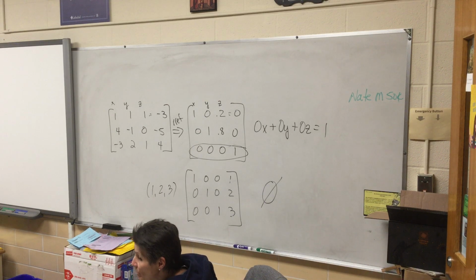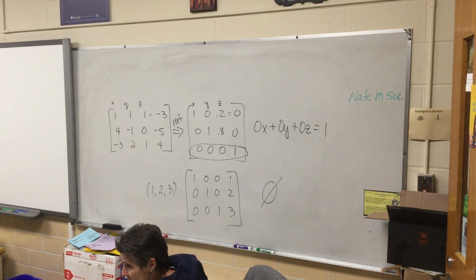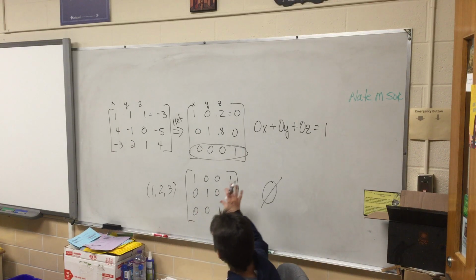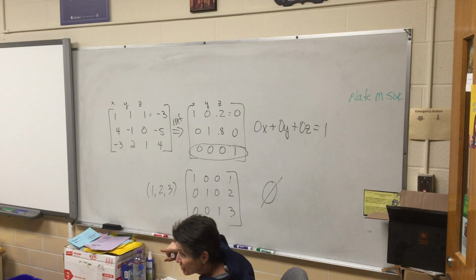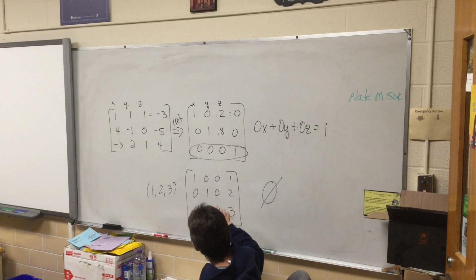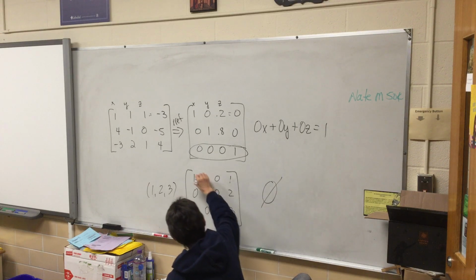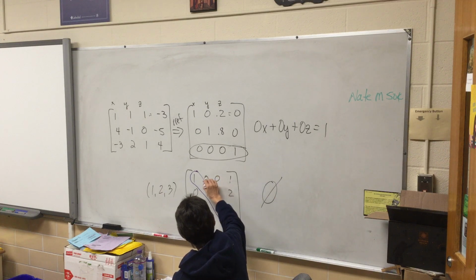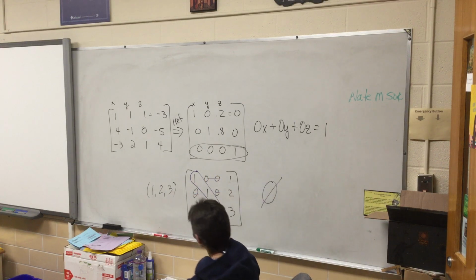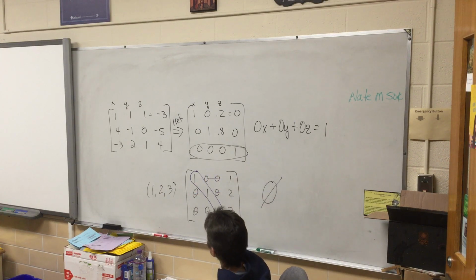So that when you do your RREF procedure and your new matrix comes out, pay attention to make sure that it looks like this. These should all be 1s, and everything else should be 0s, except for that column.